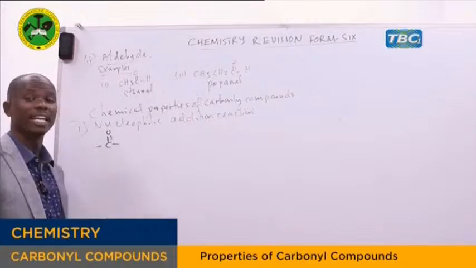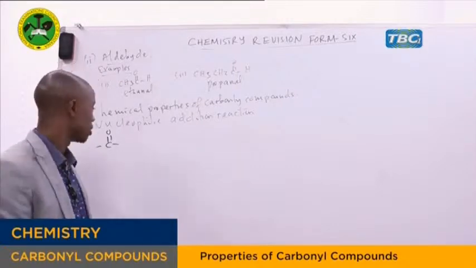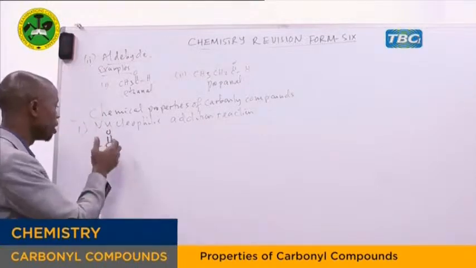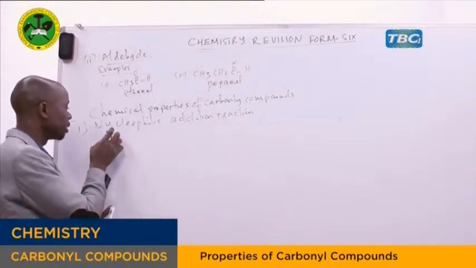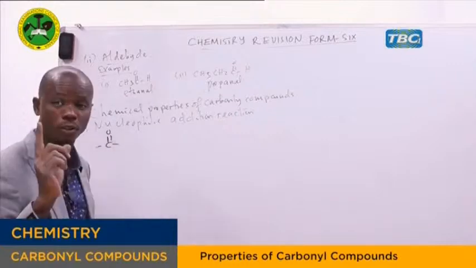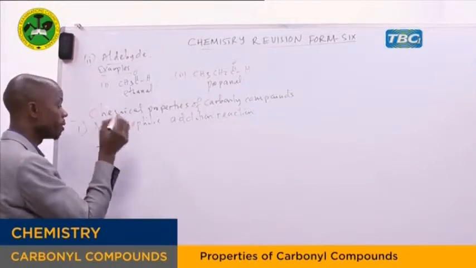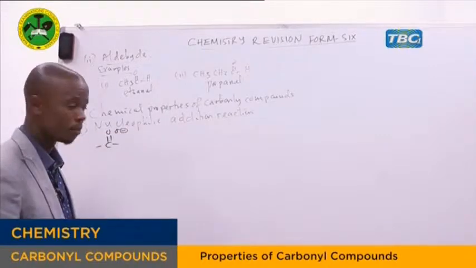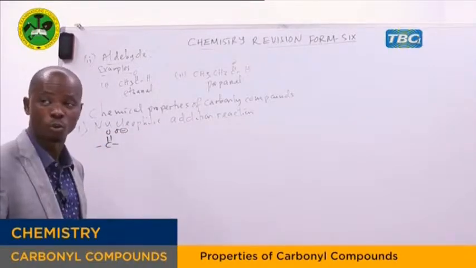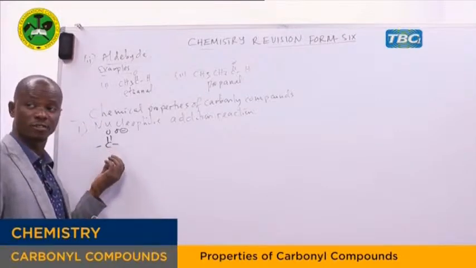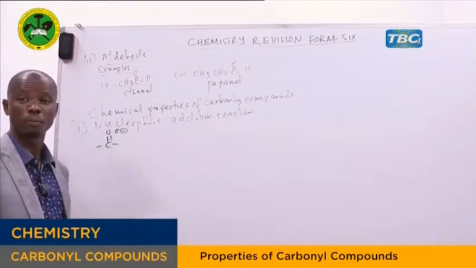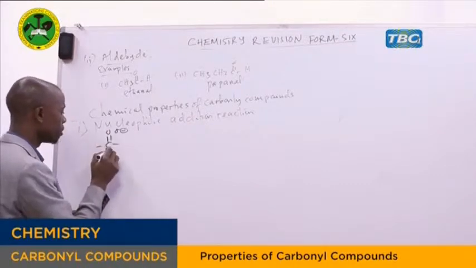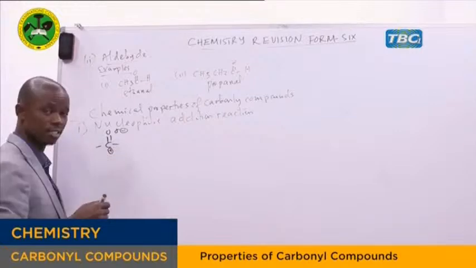Oxygen, being more electronegative than carbon, becomes negatively polarized because it will take all the electron pair from the bond. And the carbon atom, because it is less electronegative, loses the electrons from the bond because they are taken by the oxygen atom. This one will become positively polarized.